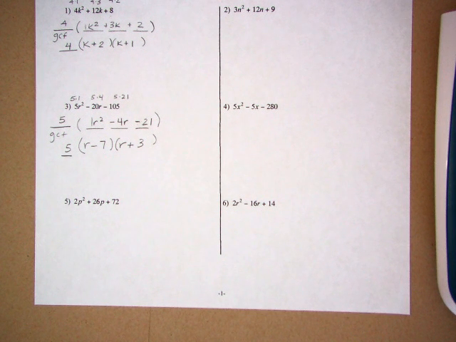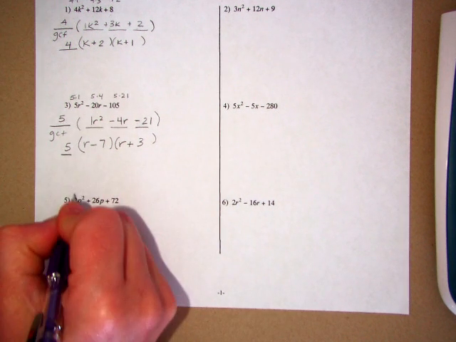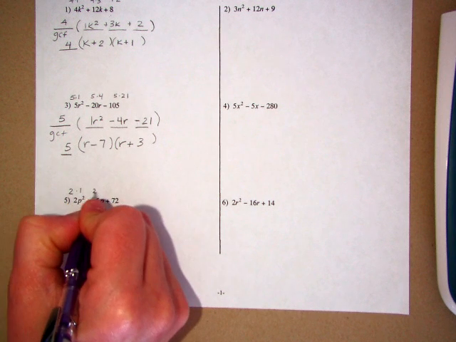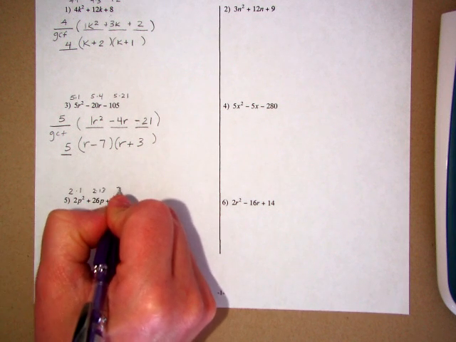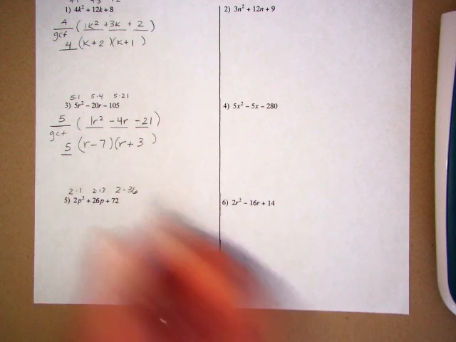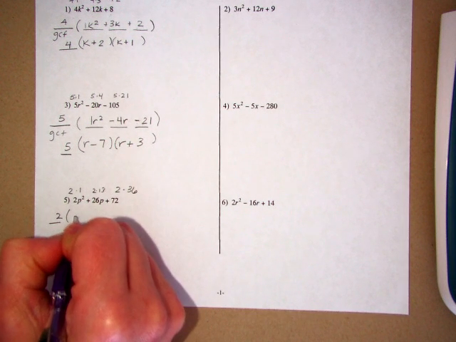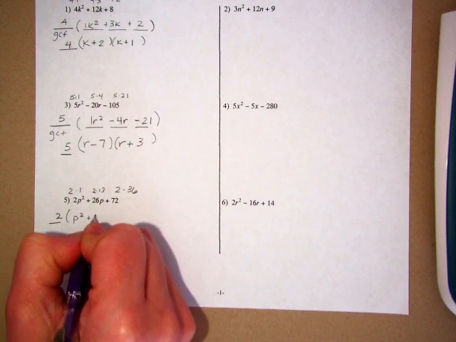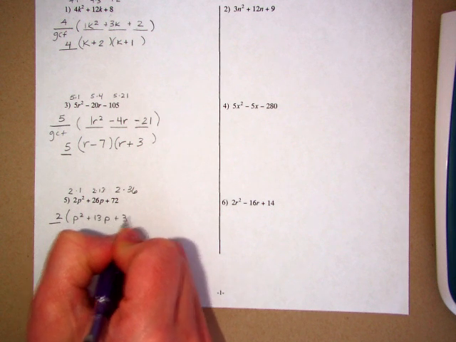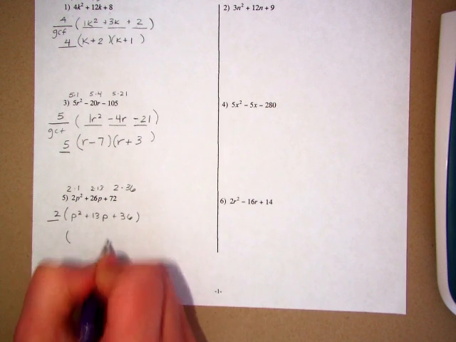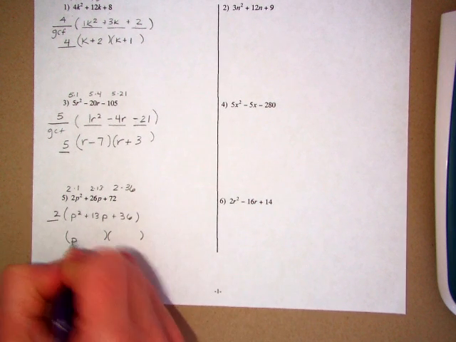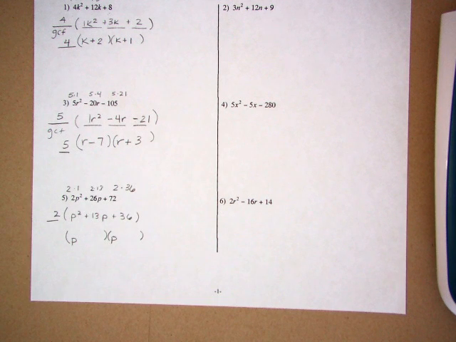Number 5, same thing. 2 times 1, 2 times 13, 2 times 36. Take out the 2, that's my GCF. P squared plus 13p plus 36. Now I move on to factoring. P and p is here.